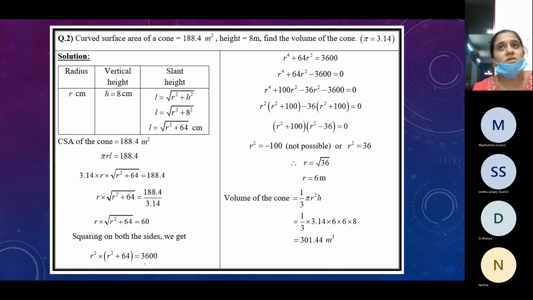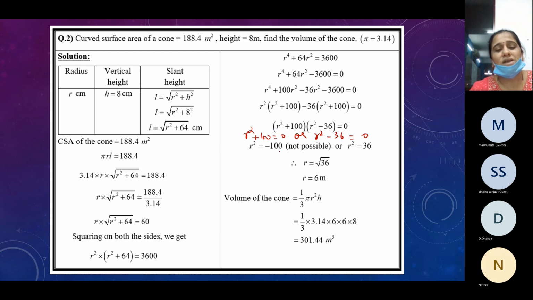You'll learn it there, and again you will work this so you can register it better. Very similar to the earlier one. Again, split the middle term, find the two values: r square plus 100 is equal to 0, or r square minus 36 is equal to 0.